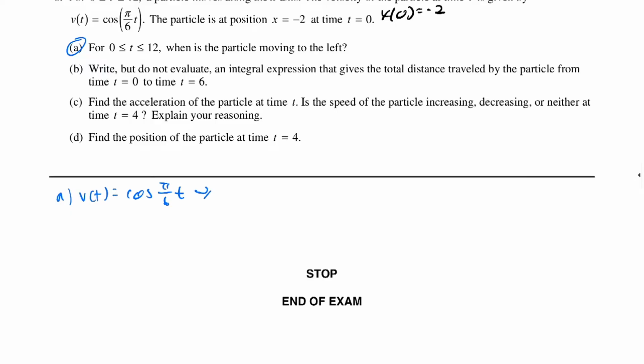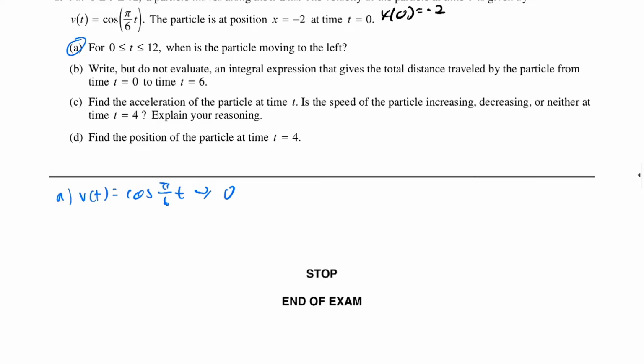We need to find the critical points and then find what's going on with the sign between them. So when is cosine 0? Cosine is 0 at pi over 2 and 3 pi over 2, in that 2 pi range.